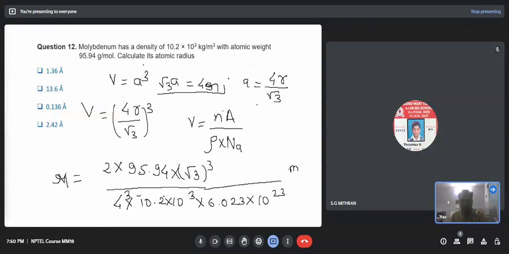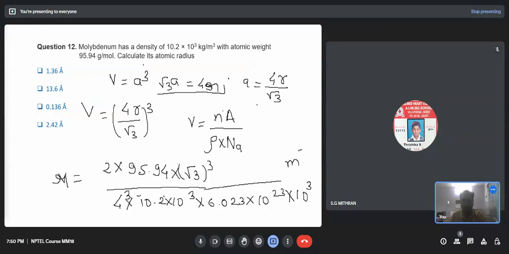Here one thing I forgot. This density is in kilogram, so we have to convert it to gram. For that we just multiply with 10 to the power 3, so it is converted into gram.